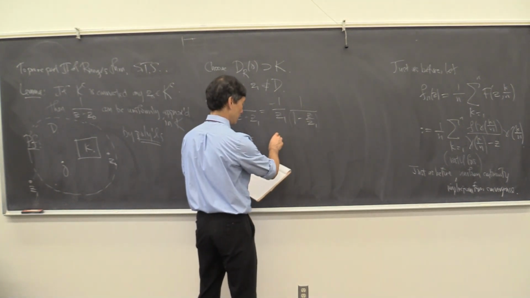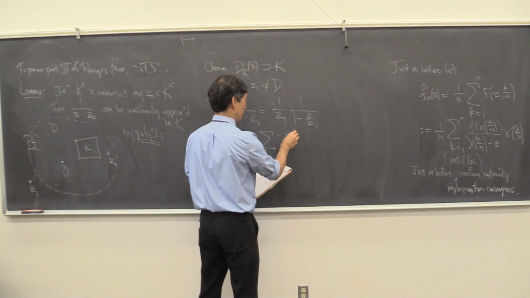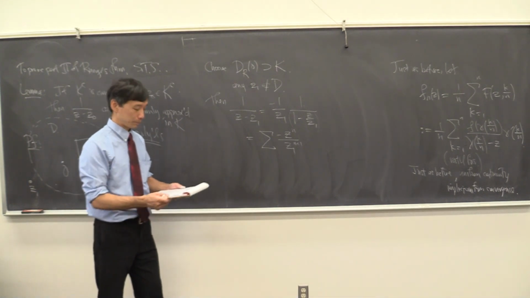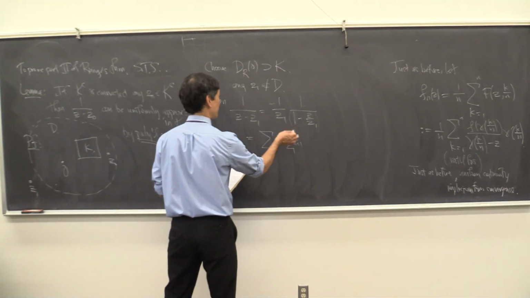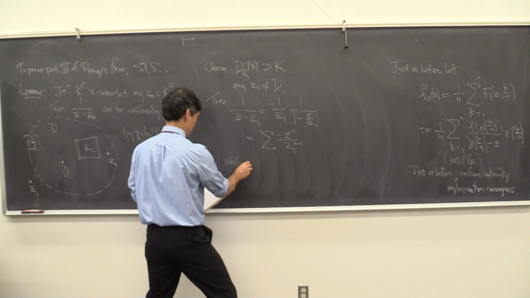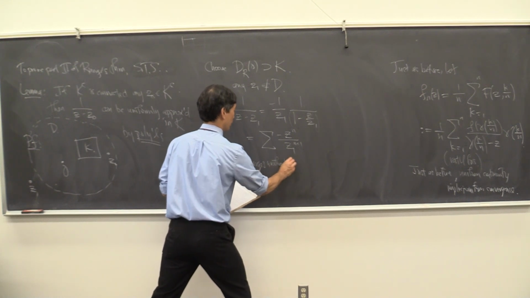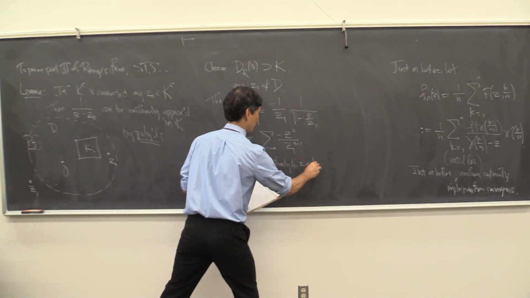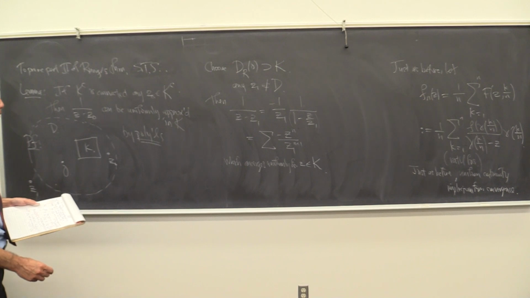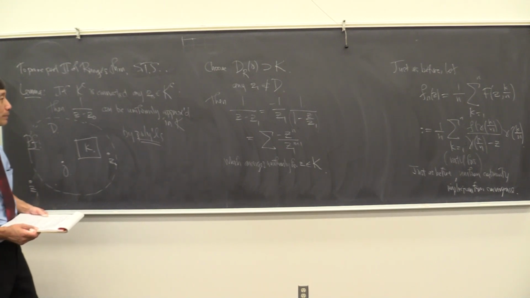So this is the summation of negative Z to the n over Z1 to the n plus 1, which converges uniformly for Z in K by the Weierstrass M-test, as usual.